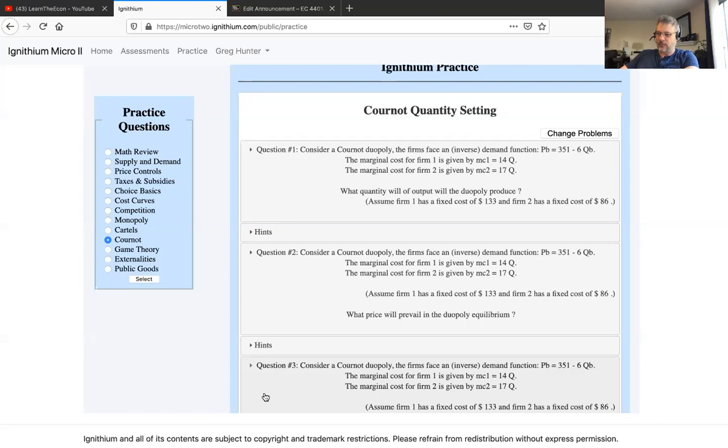Everything is fine. But if you're not really comfortable with your calculus or you haven't had it yet, you can just say the marginal revenue for these linear functions is going to be just like Greg talked about.